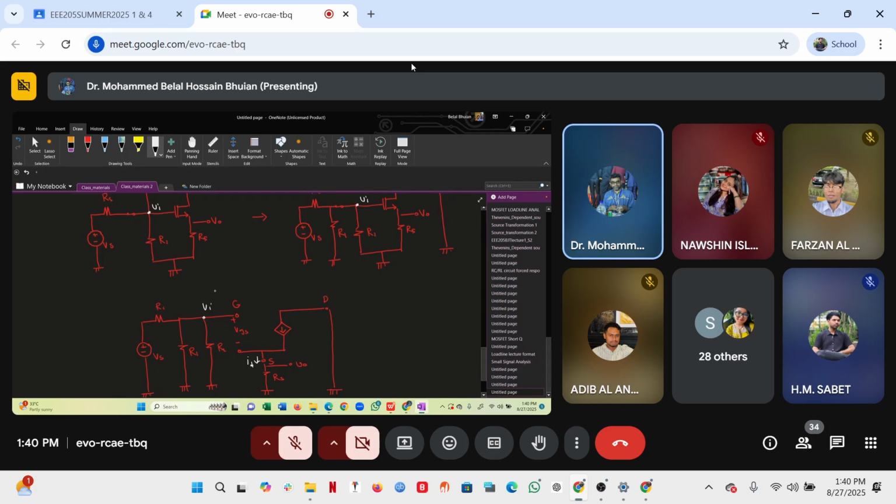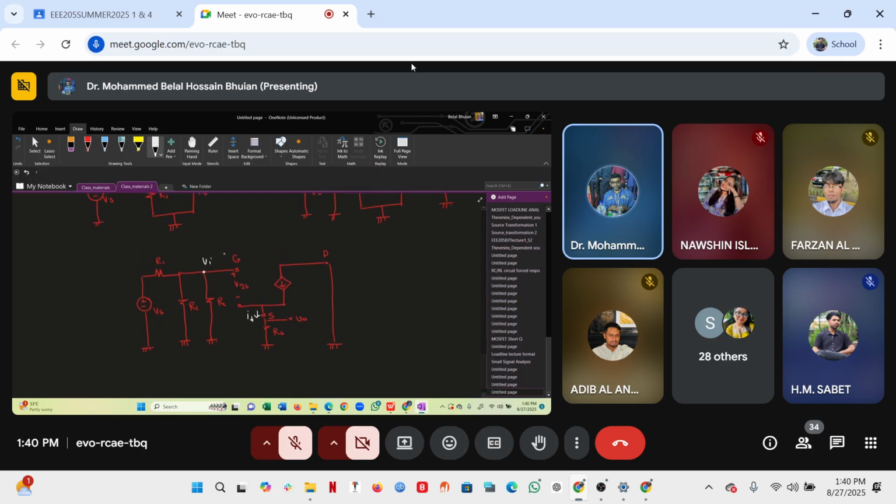Okay, so first we determine what is VI. If you apply KVL from ground up to that point, we get VI equals ID RS plus VGS.